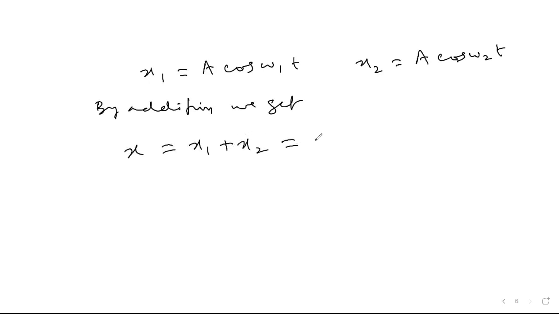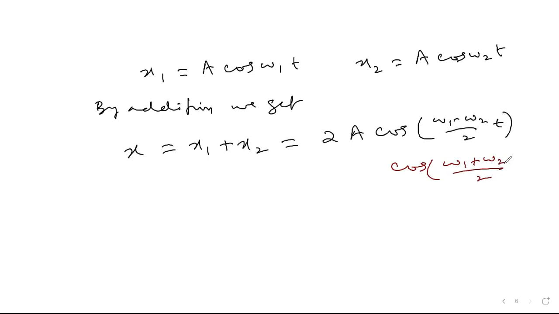When you do that, we get this: 2a cos (omega 1 minus omega 2) over 2 times t, times cos (omega 1 plus omega 2) over 2 times t. Let me encircle it. This is important.